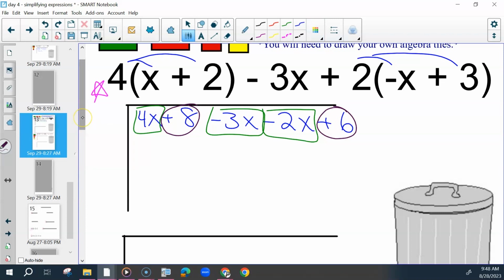And tell me what you got. Negative x plus 14 or negative 1x plus 14. Either or right now. Do you have any questions on how we got that?